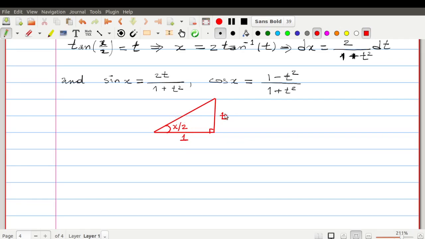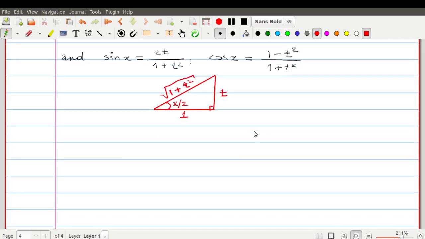So 1 square is 1 plus t square, so this is the square root of (1 plus t square). Great. So this is what we will be using.